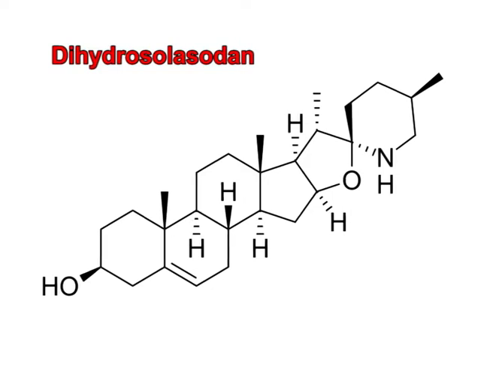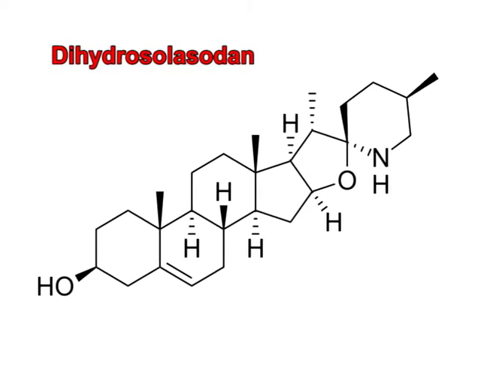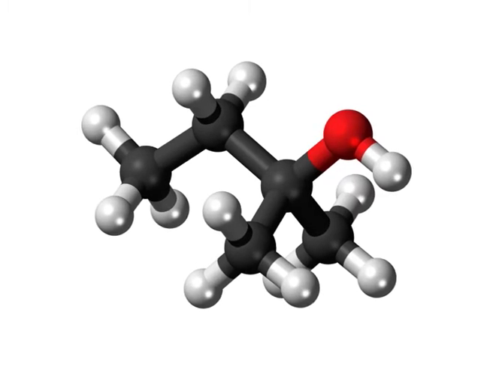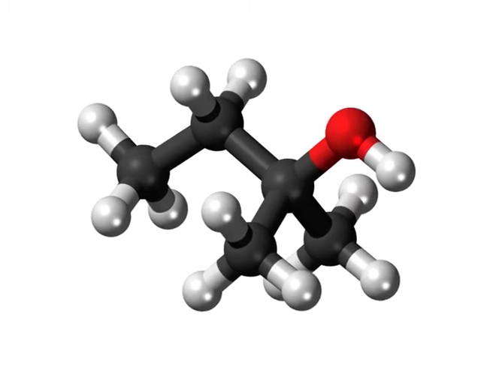Lithium aluminium hydride reduction, however, affords a different dihydro compound, dihydrosolasodine, which may be catalytically reduced to the same tetrahydrobase. Dihydrosolasodine is a stronger base than solasodine and it contains two alcoholic groups, forming an O,O,N-triacetyl derivative.